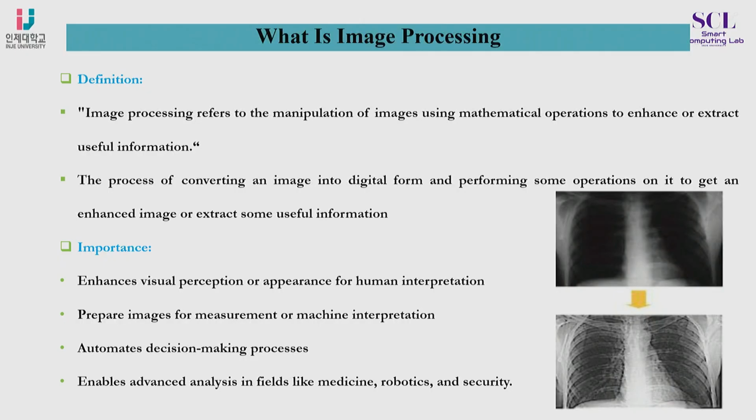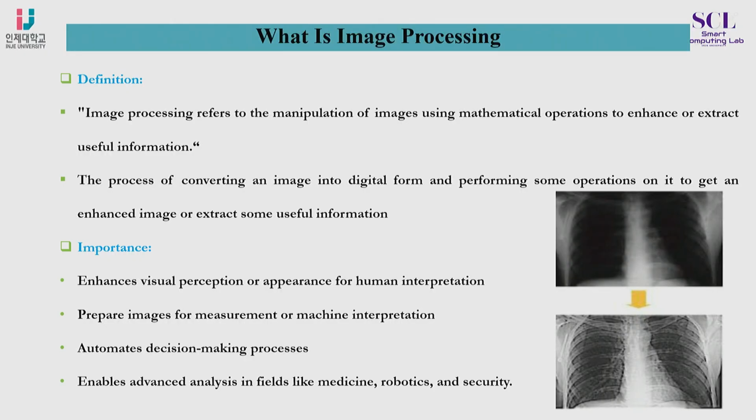So it is the process of converting an image into digital form and performing some operations on it to get an enhanced image or extract some useful information. The main objective of image processing is to get useful information from the image.